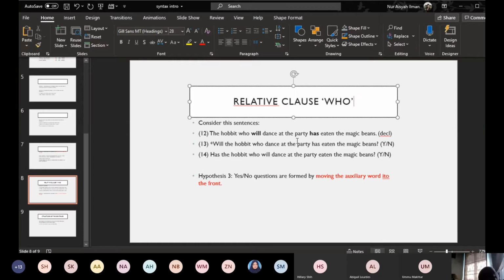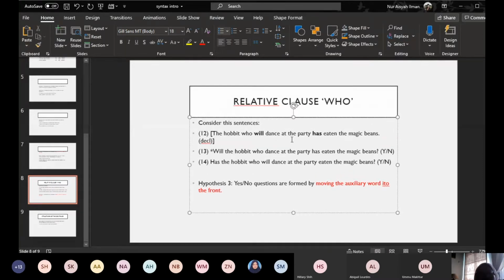So what happens is that you have the main sentence, which has the verb eaten as the main verb. If you want to do a constituency, you can say, okay, this is the sentence, and this is the matrix verb.